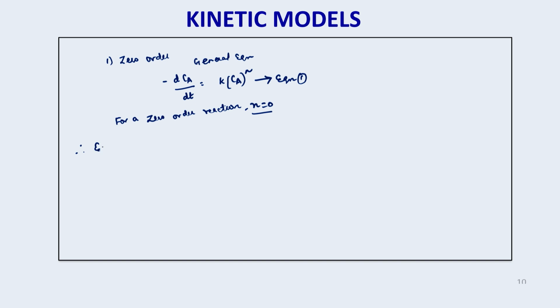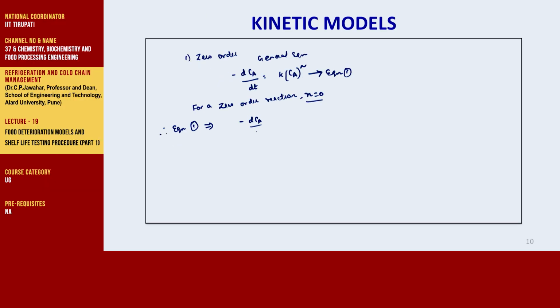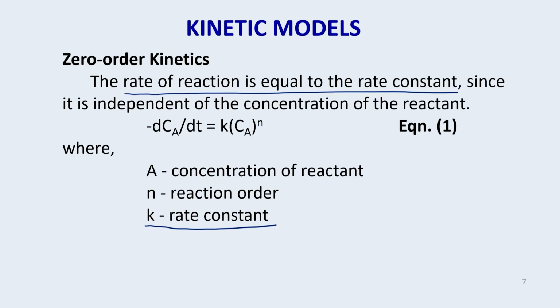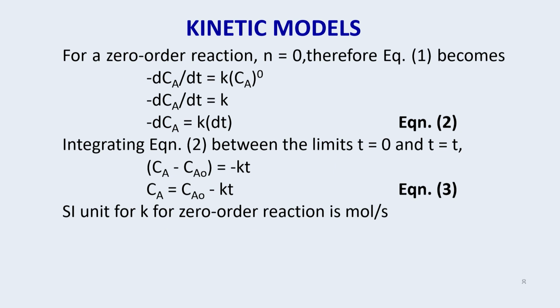Therefore, equation 1 becomes minus dCA by dt equal to K into Ca power 0. Anything to the power 0 is 1. So this is equal to K. Minus dCA by dt equal to K.